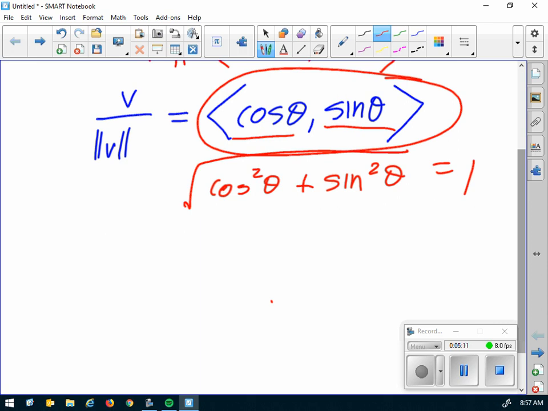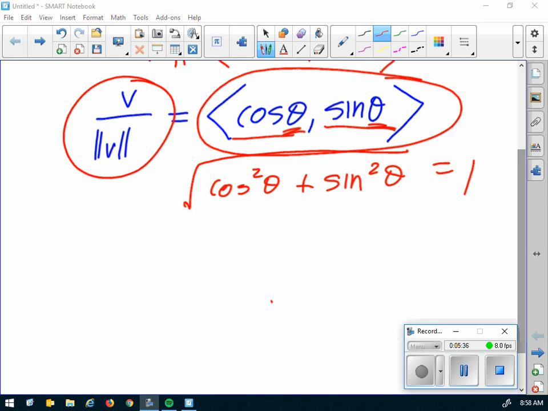Any vector divided by the magnitude of that vector will give you a vector of length 1, but it's going to be going in the same direction as the original vector because they've got the same angle. So if you ever need a vector that has a magnitude of 1, then this is what you'll do.